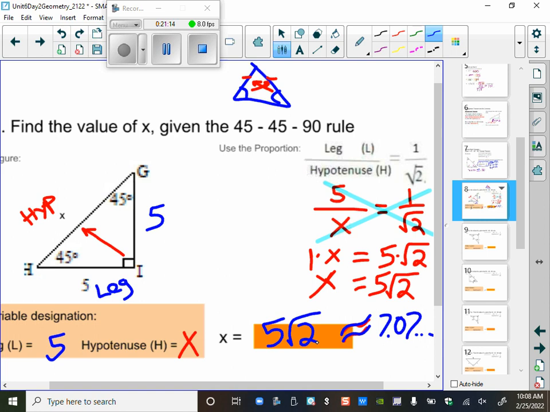So I just want everybody, this is more clarification than anything else. All right. Anybody have any questions for me before we go on? But yeah, anytime you multiply a whole number or an integer by a radical number, if you leave it as whole number times that radical, you can leave it like that.